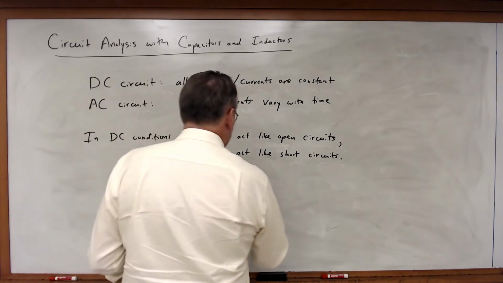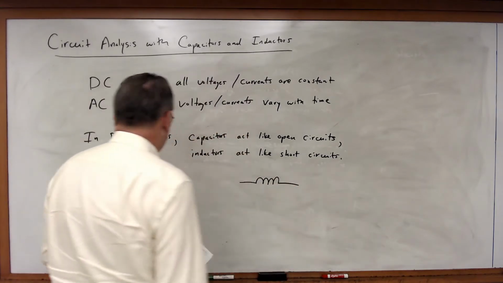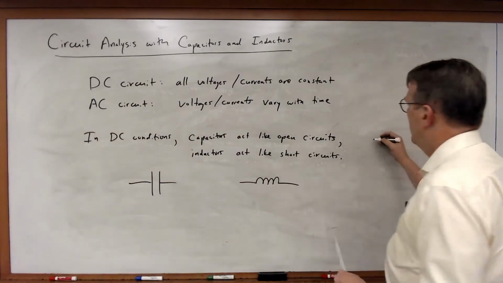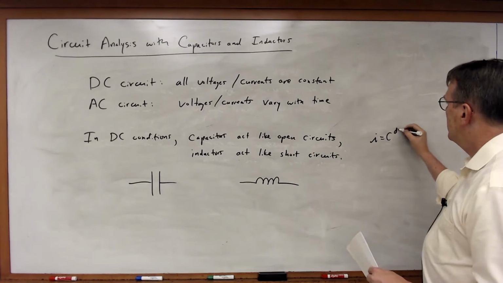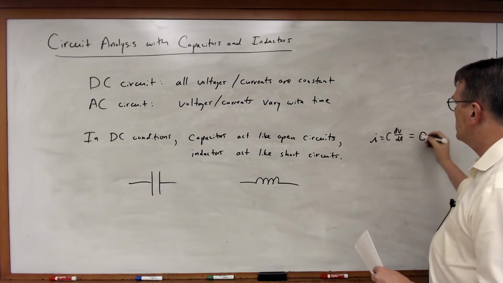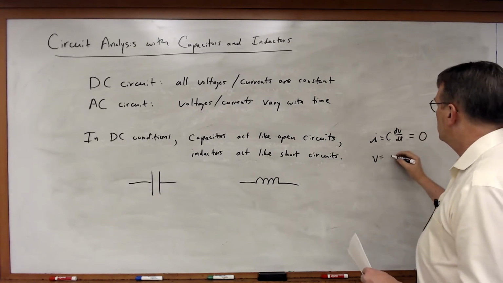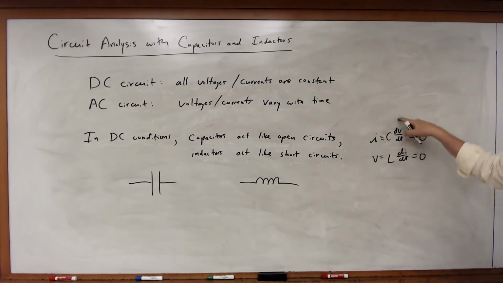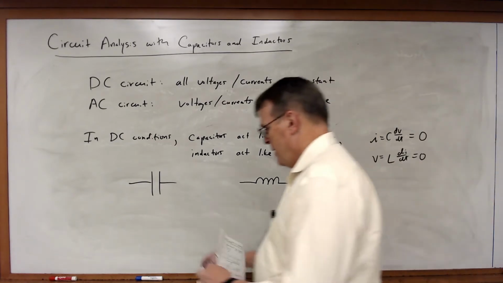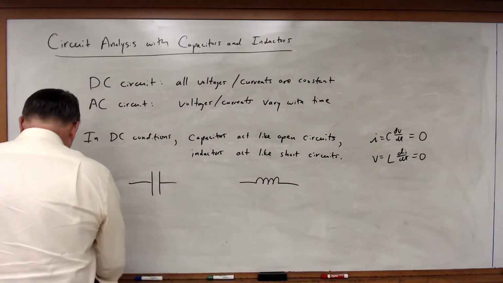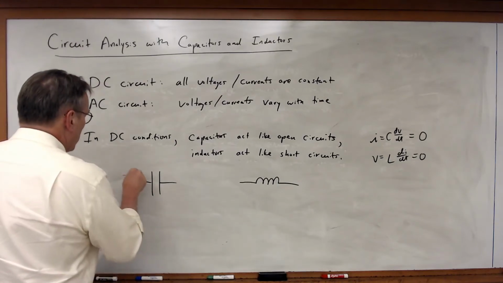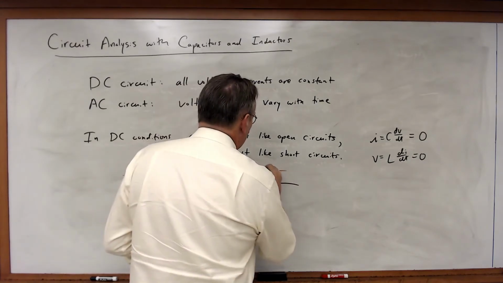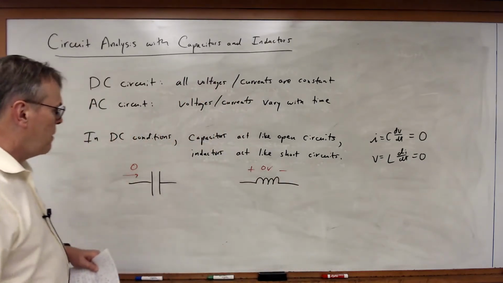So we have a capacitor, we have an inductor, and in DC operating conditions, we know that i is equal to C dv/dt is equal to 0, and v is equal to L di/dt is equal to 0, because the voltages and currents aren't changing. And so for a capacitor, we will have 0 current flowing through it. For an inductor, we will have 0 volts across it.